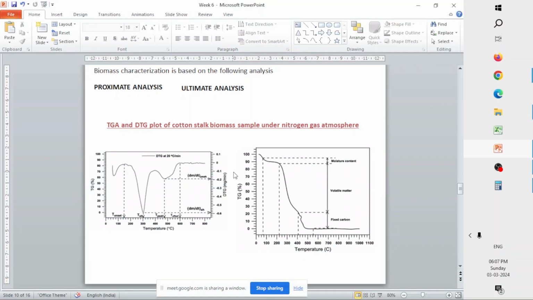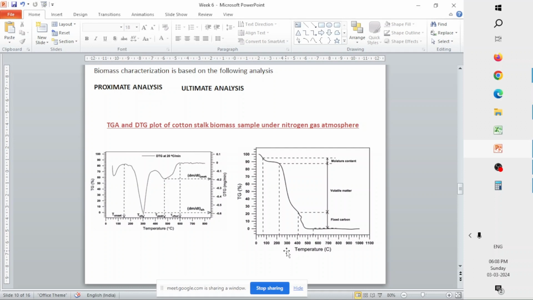If you see here, this is the TG percentage, that is your weight loss percentage, and your x-axis is the temperature. So the thermogravimetric analysis technique is something where you learn about your material's thermal degradation pattern by raising its temperature.